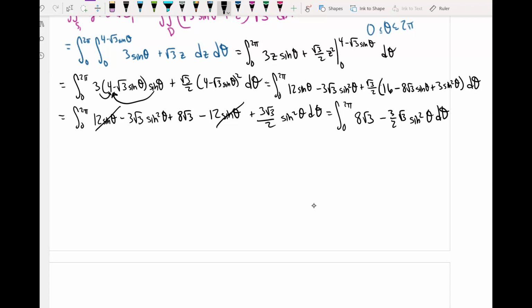Alright, and now we're going to take, oh gosh, okay, so now we got that sine squared theta that we got to get rid of. So we're going to use a half angle identity. 0 to 2 pi. 8 square root of 3 minus 3 square root of 3 over 2. That guy is going to be 1 half 1 minus cosine 2 theta.